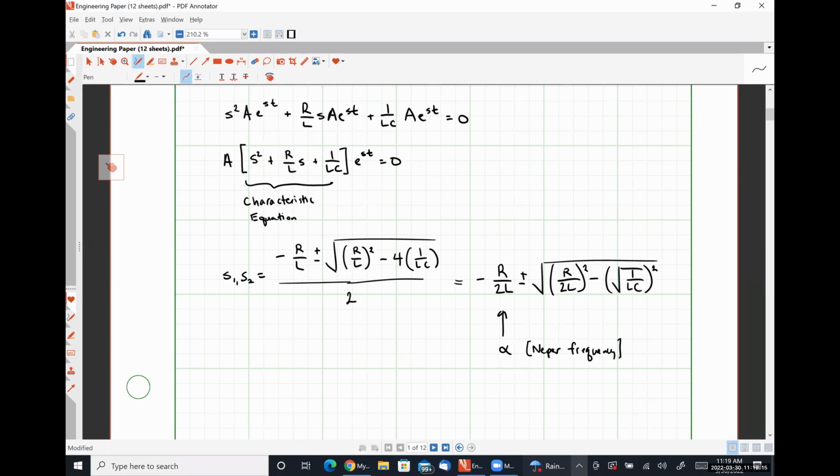It's very similar in concept to the time constants that we dealt with in circuits 1. Okay. It has units of nepers, which is a dimensionless quantity, per second. So alpha for this series RLC circuit is R over 2L.